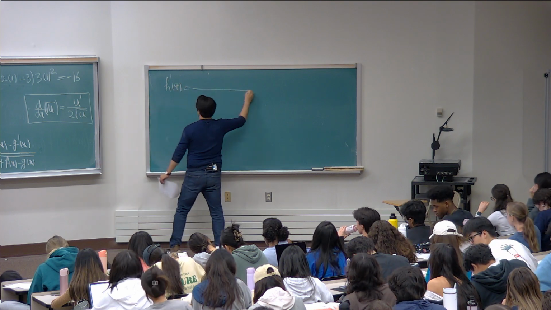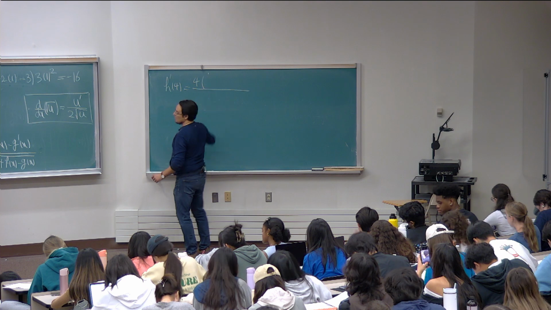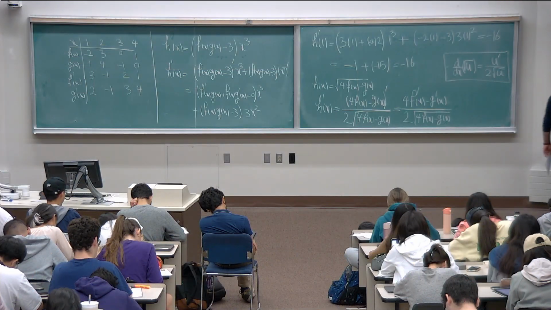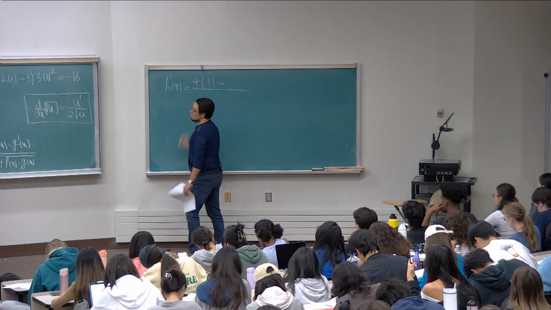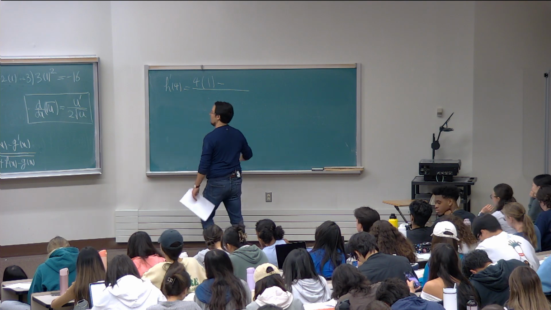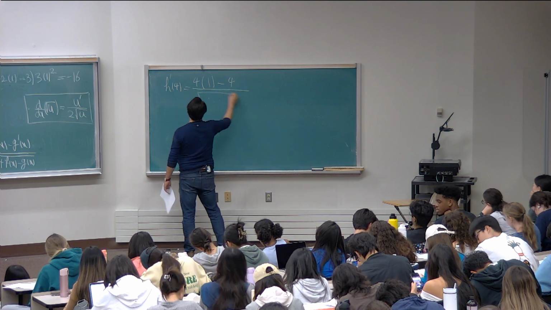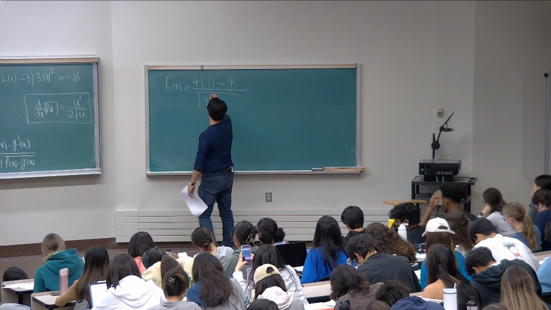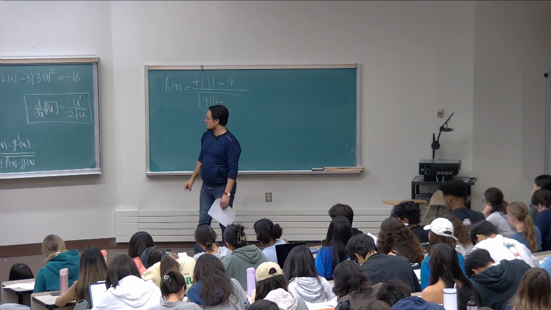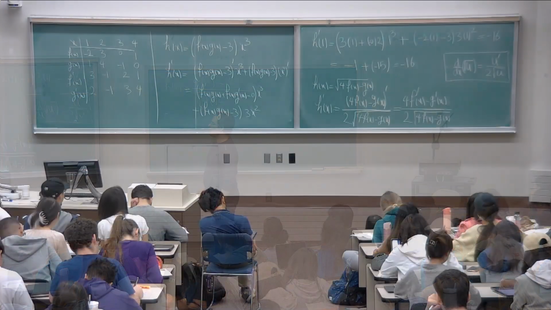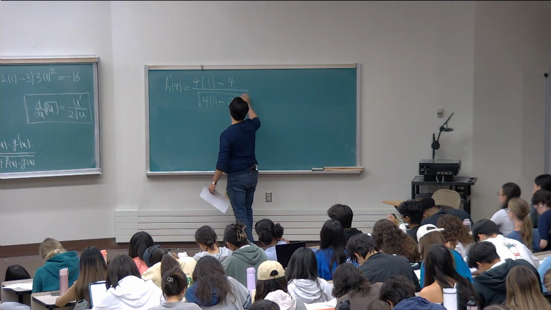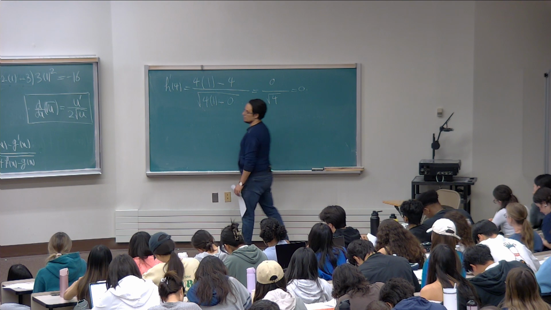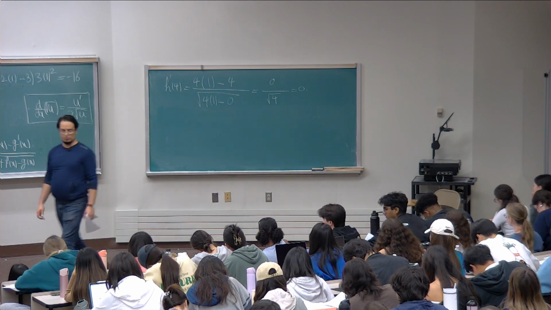So that means 4 times f prime at 4, f prime at 4 is 1, minus g prime at 4 is 4, divided by 4 times f at 4 is 1, minus g at 4 is 0. So that is 0 over root 4, which is half of 0, or just zeros.